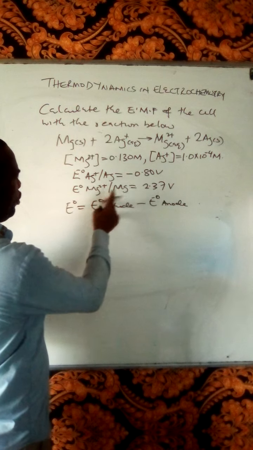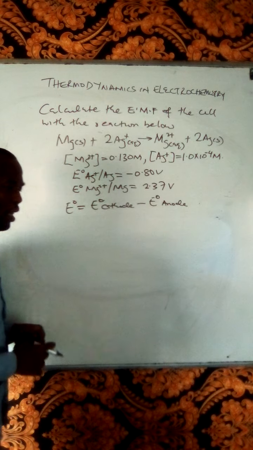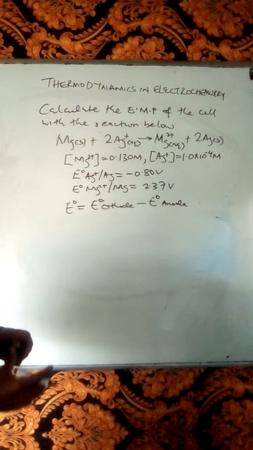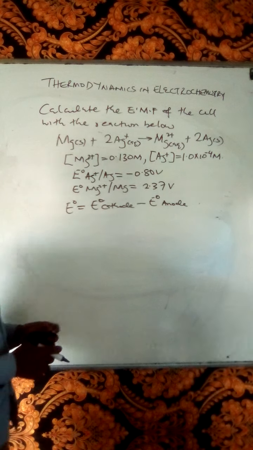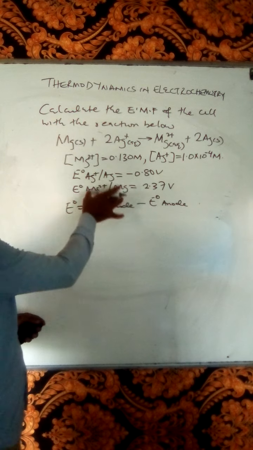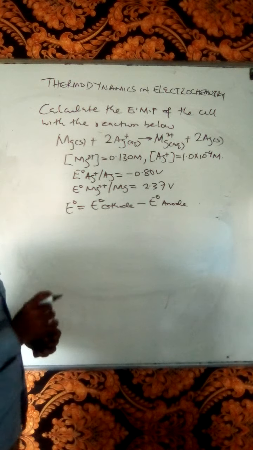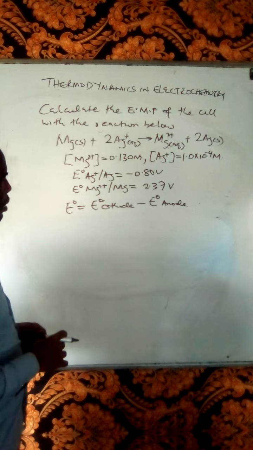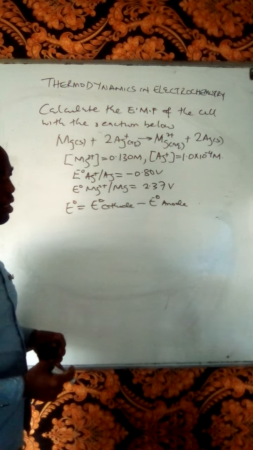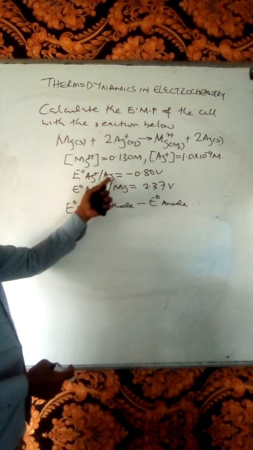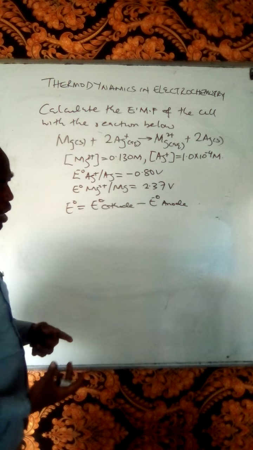Out of these two half cells, we want to identify the one that will form the cathodic half cell. When you have two metals represented with their potentials, the one that represents the cathode is the least reactive metal. The least reactive metal here is silver. How do you know that silver is least reactive?